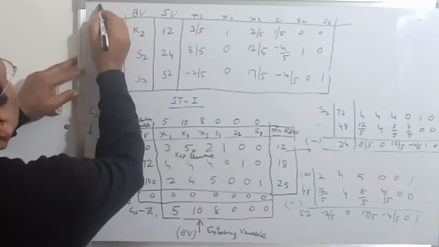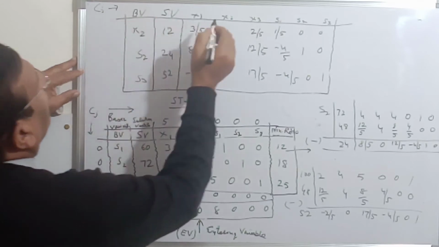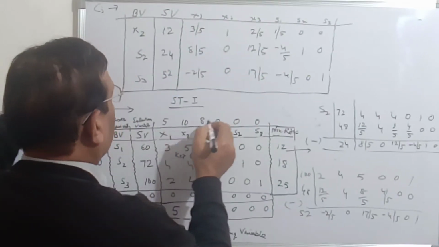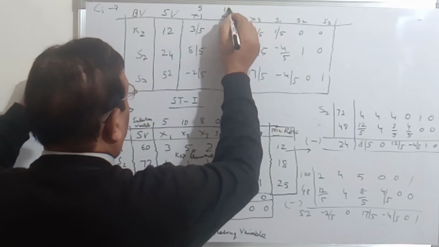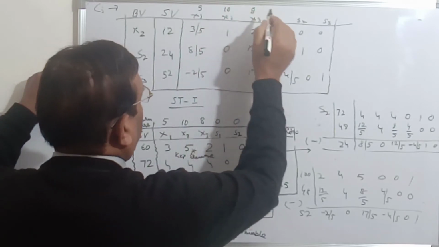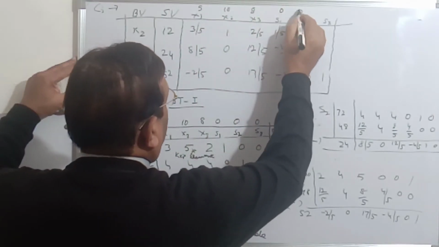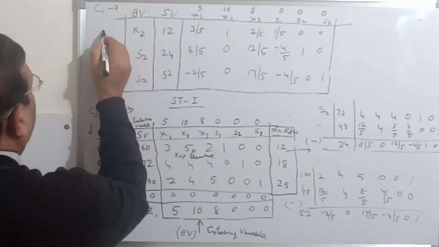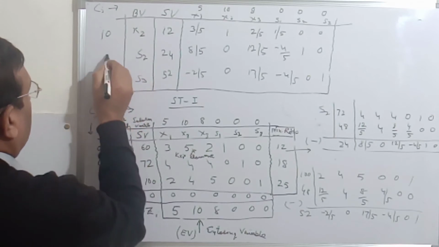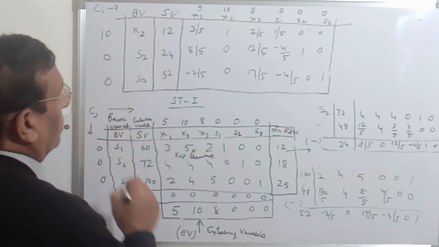Now Cj is x1, x2, x3: 5, 10, 8, 0, 0, 0. Here the x2 coefficient is 10 and S2 is 0, S3 is 0.